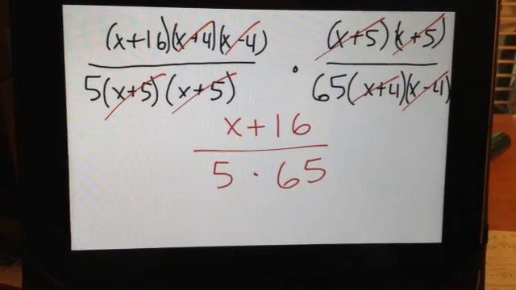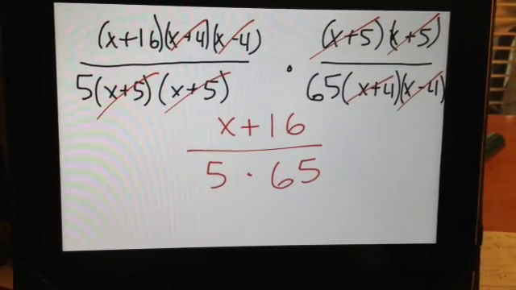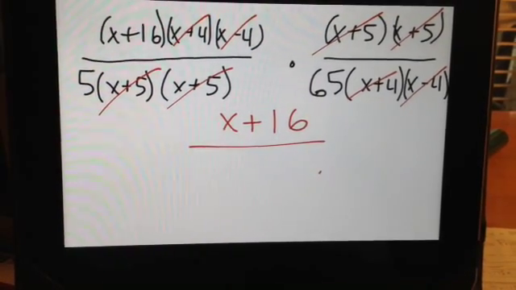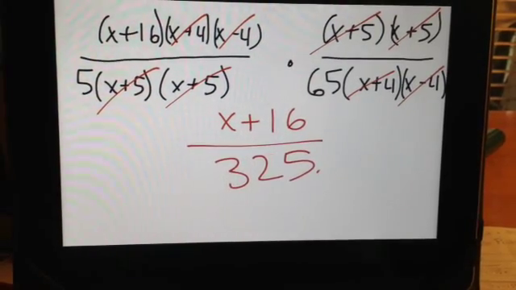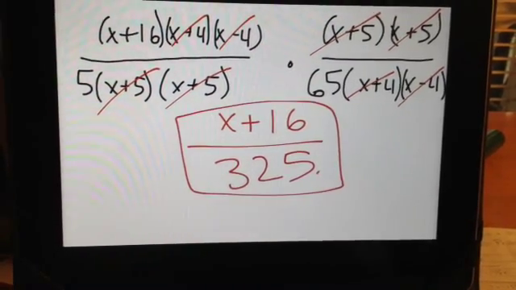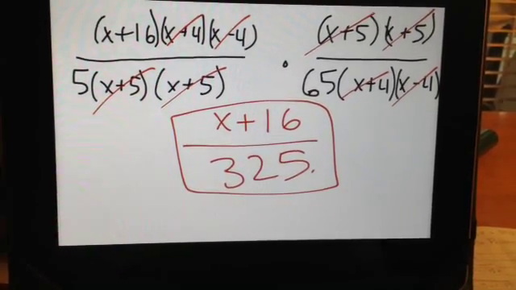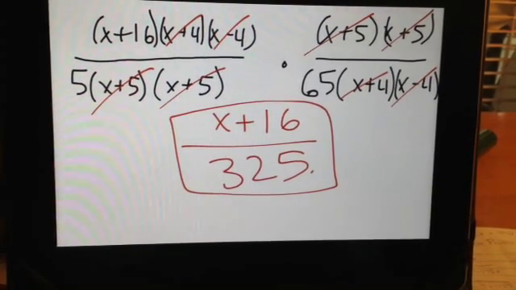So now we just multiply 5 and 65, and then we end up getting 325. And that's our answer. That's how you multiply a rational with a rational.